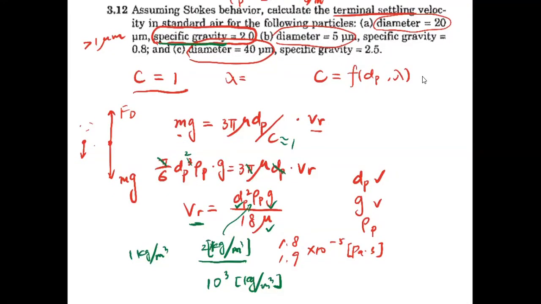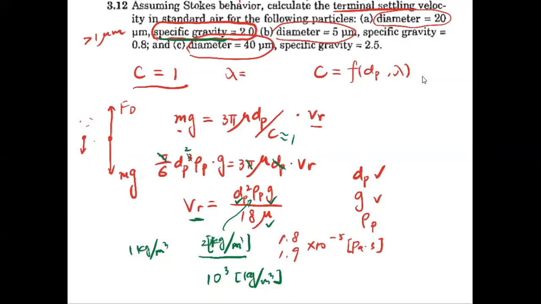So once we have all of these parameters, we can just plug them in and then calculate the settling velocity. For example, if we're talking about the 20 microns here, I'll just use this space to do the calculation.